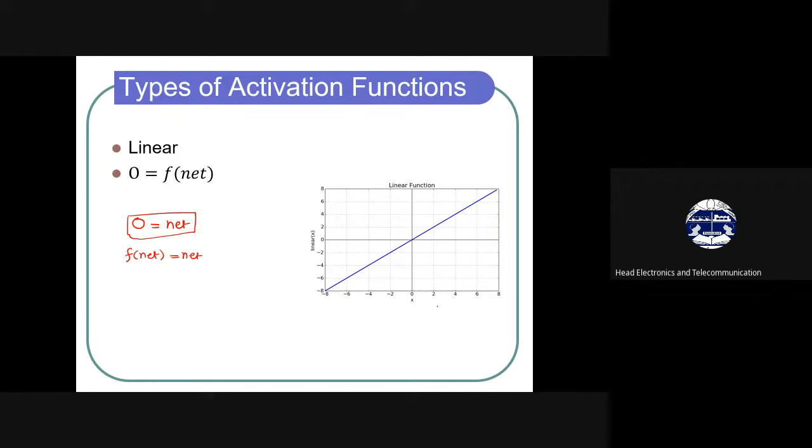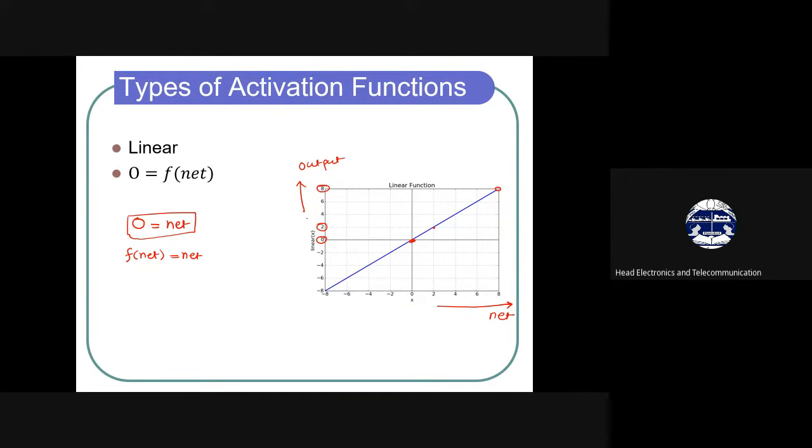In this graph, the x-axis is the net value and the other axis is output. Suppose my net value is 0, output is 0. If my net value is 2, output is 2. If my net value is 8, my output is 8.